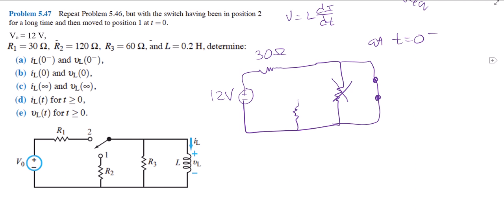So V equals IR, where 12 equals I times 30, where I equals 0.4 amps. So this is I of 0 minus.